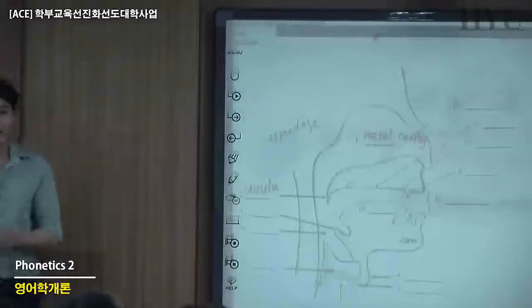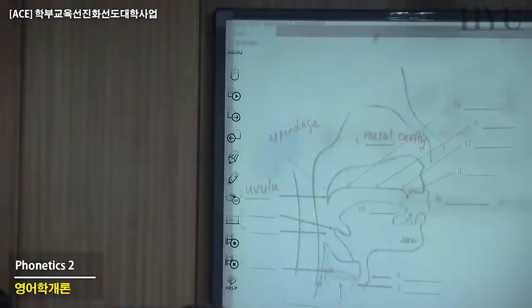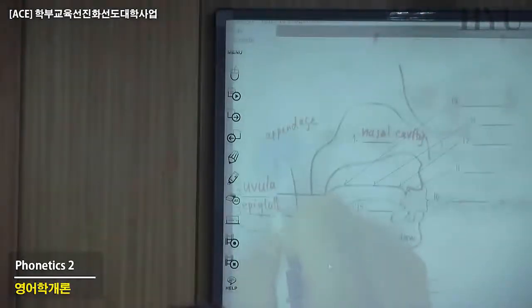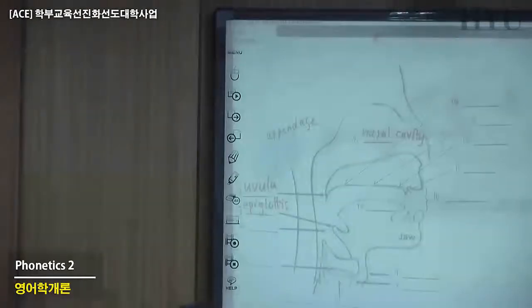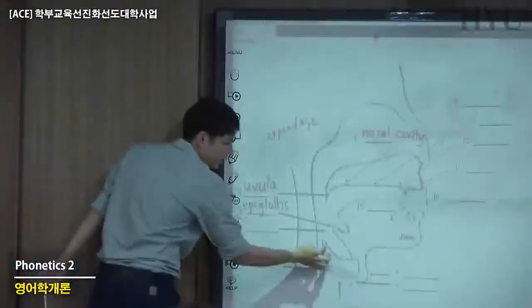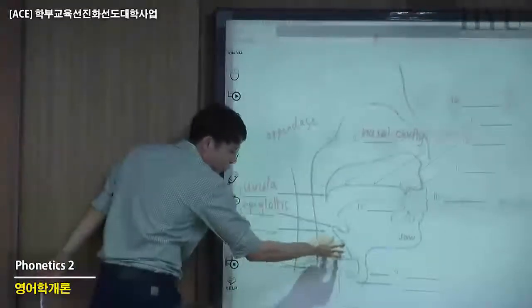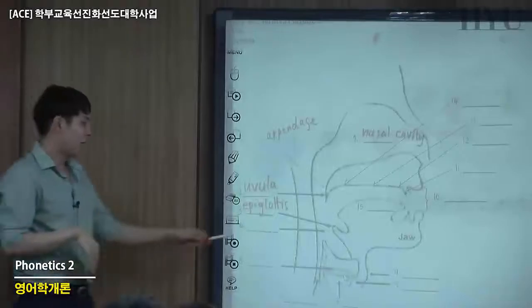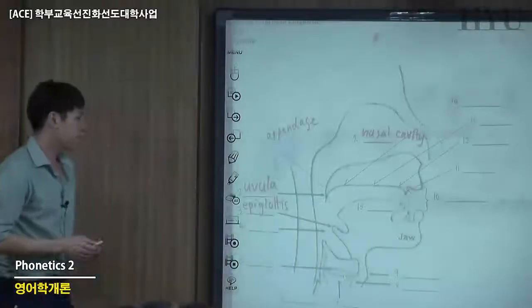So we call that epiglottis. Epi is above, or beyond. So the glottis is here, and it's a flap that will close up the glottis, preventing food from going down the windpipe, okay?